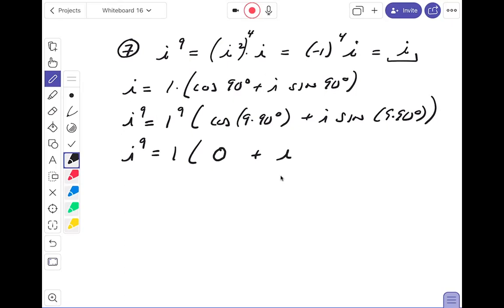Plus i times the sine, which since you'd be coterminal with 90 degrees, is going to be the number 1. What do you get there? i to the 9th would equal i. Exactly what we expected.